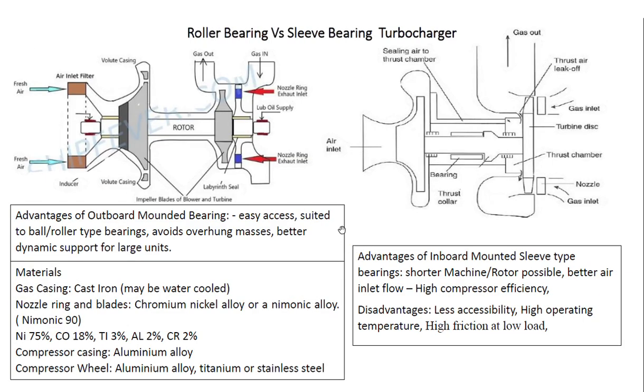Now roller bearing versus sleeve bearing turbocharger. These two are very important, and they are often encountered in exams. The surveyor may be asking you these things. When we talk about these two aspects, the ball and roller bearing uses an integral lube oil supply system for lubrication.